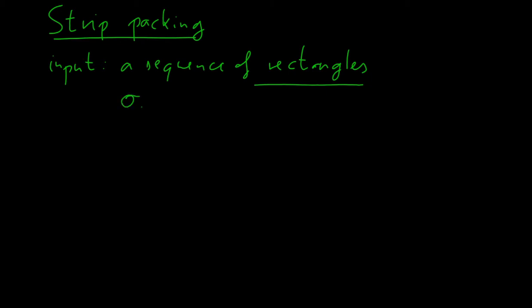So sigma i, the ith input, is just the width of the rectangle and the height of the rectangle. The height and the width are always between 0 and 1.